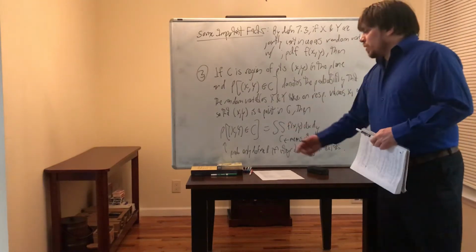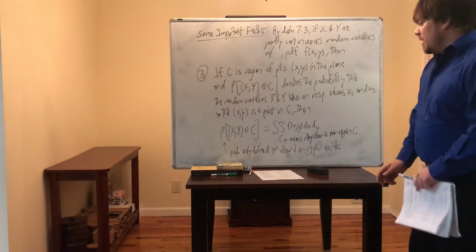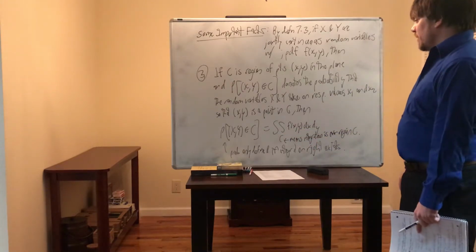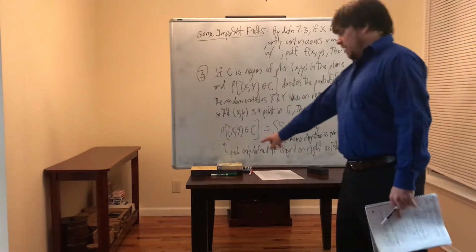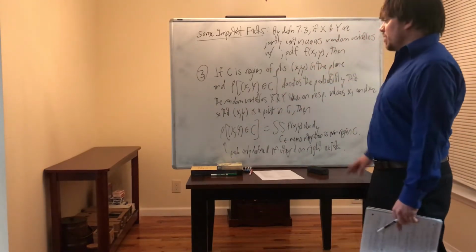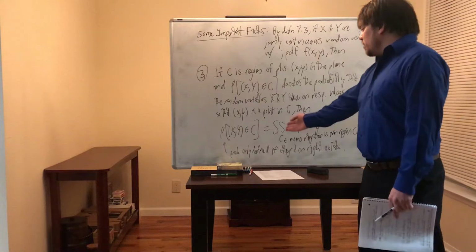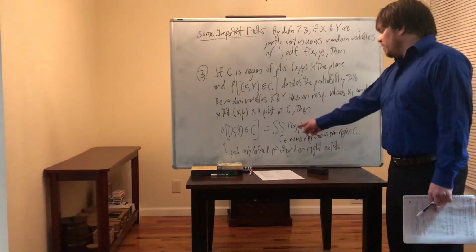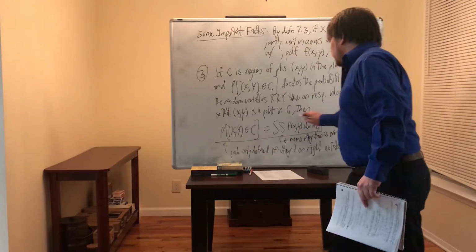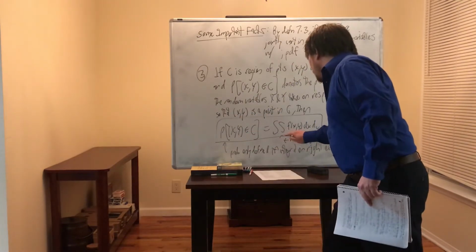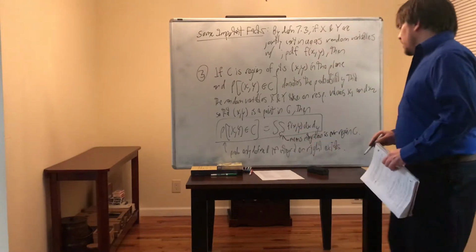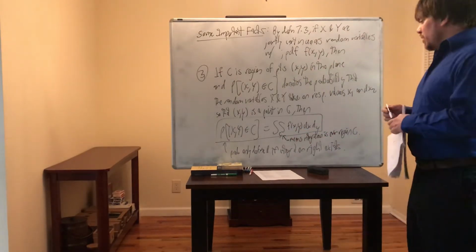Okay, so only if this integral exists is that probability defined. So the probability that x comma y is in C, where C is the region of points x comma y in the plane, is equal to the double integral over the region C of f of x comma y dx dy. And so here you would apply this equation, where that C is there still, it's integration over the region C.